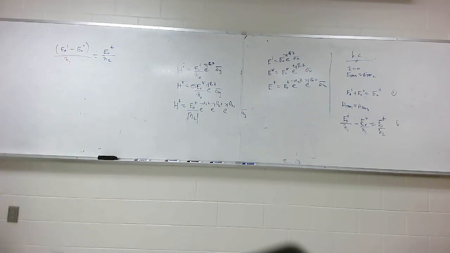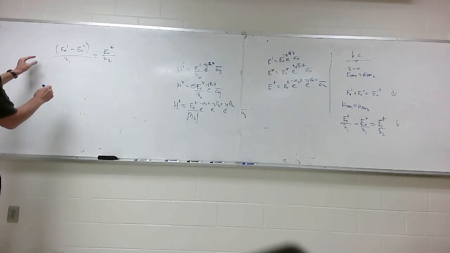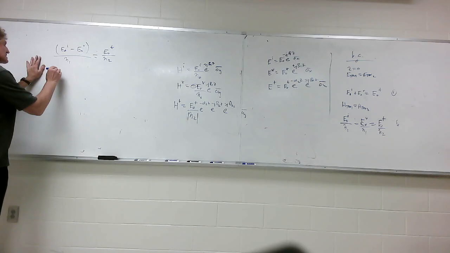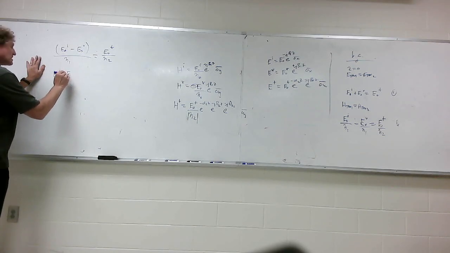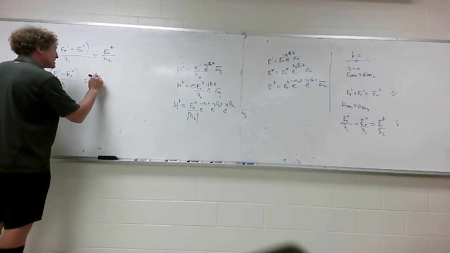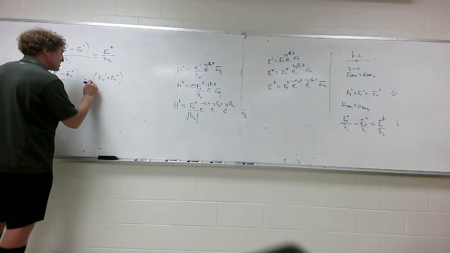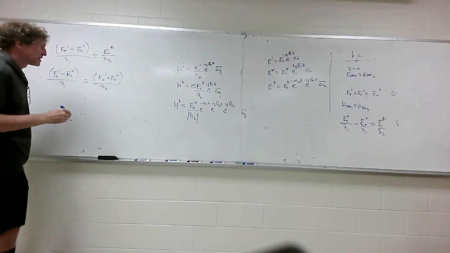And now I use the first equation. E naught transmitted is equal to E naught incident plus E naught reflected. So I have E naught incident minus E naught reflected over eta 1 is equal to E naught incident plus E naught reflected over eta 2. Y'all follow me on this?